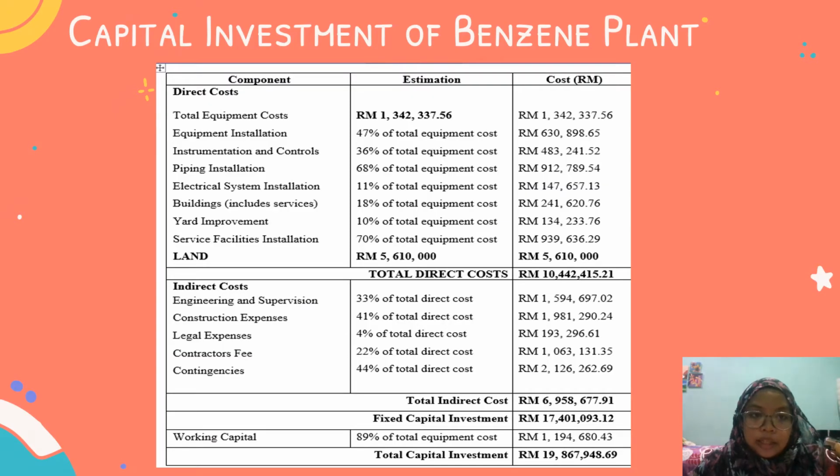Okay, this is the table of capital investment of the benzene plant. From the table we have the estimation of direct cost, indirect cost, and also the working capital estimation. So first I would like to explain the estimation of the direct cost.